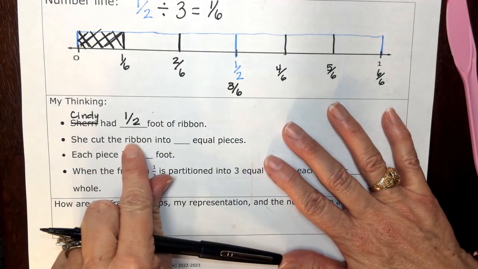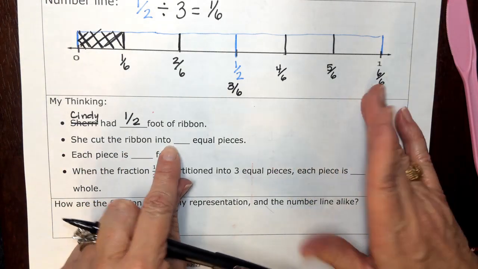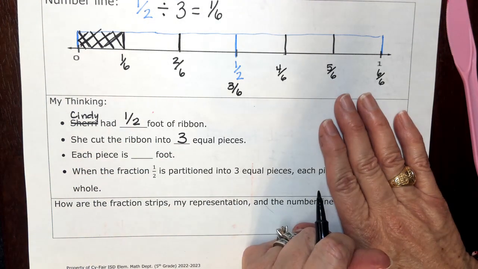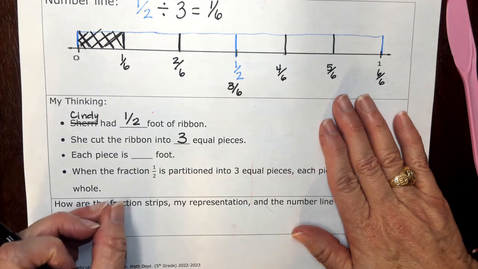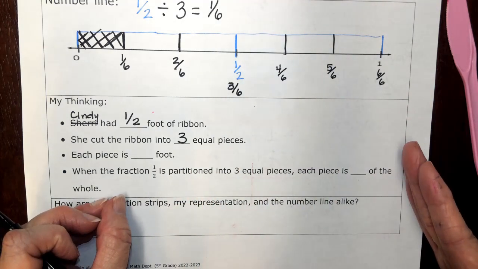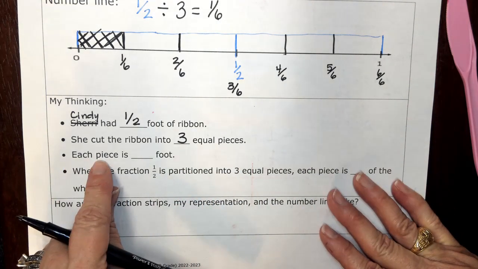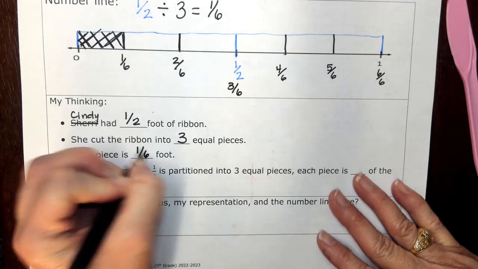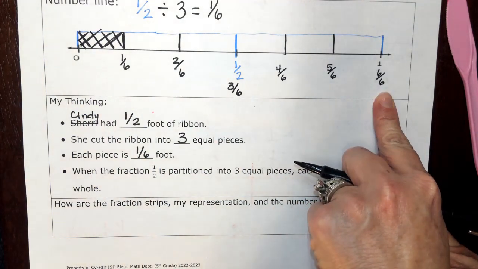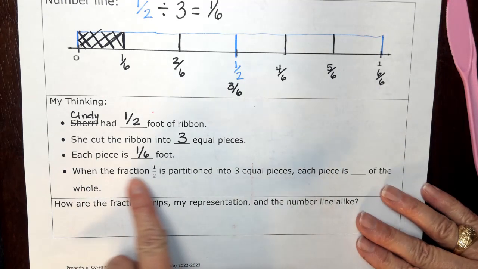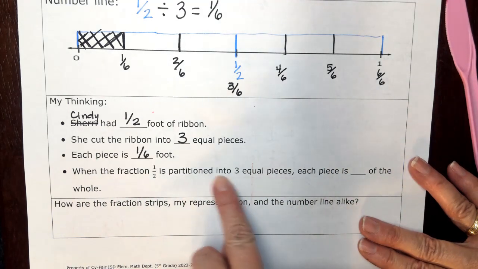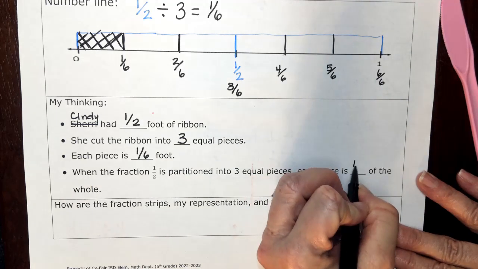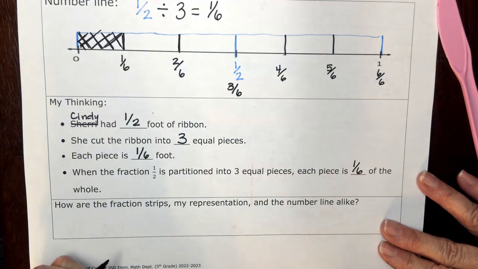And she cut the ribbon into 3 equal pieces. And when she cut it into 3 equal pieces, Angel, each piece is 1/6 of the entire foot. When the fraction 1/2 is partitioned into 3 equal pieces, each piece is 1/6 of the whole.